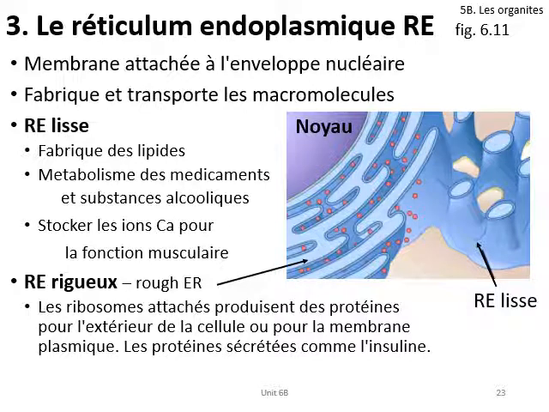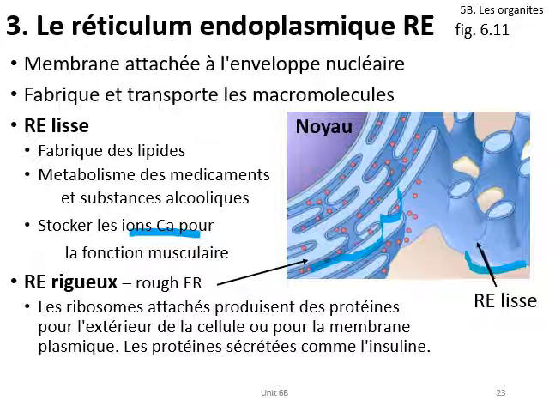There are two types of ER, a smooth ER and a rough ER. The smooth does not have ribosomes. That's why it's called smooth. It manufactures lipids and metabolizes drugs and alcohol by breaking down those molecules. It also stores calcium ions for muscle function.